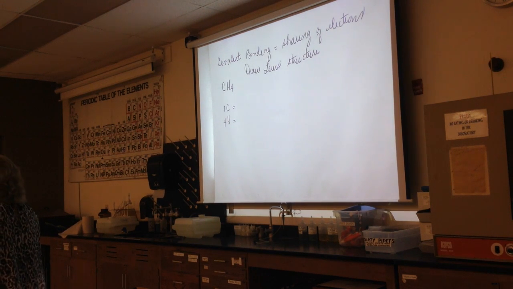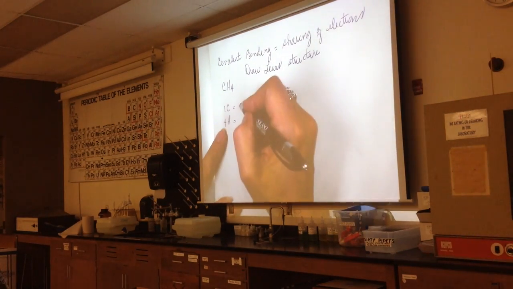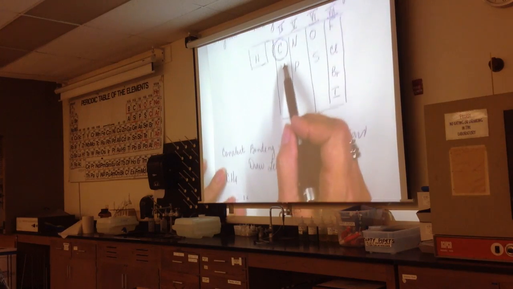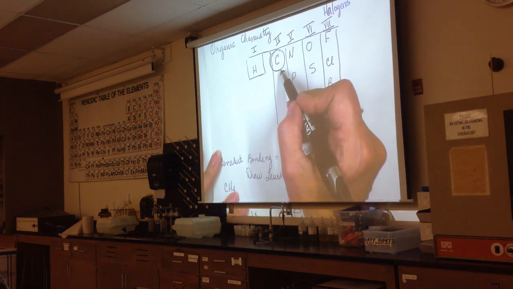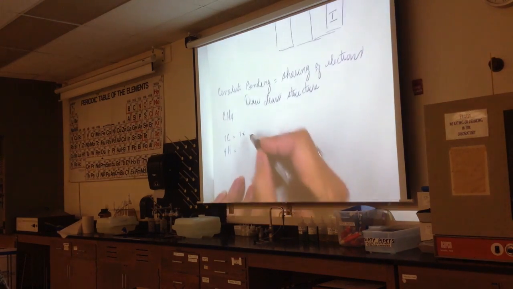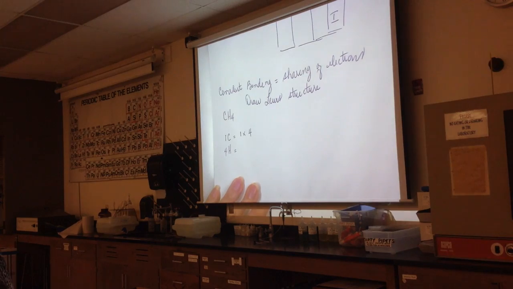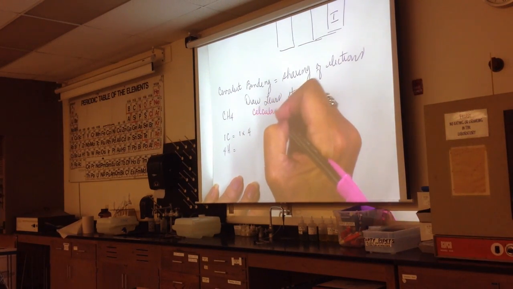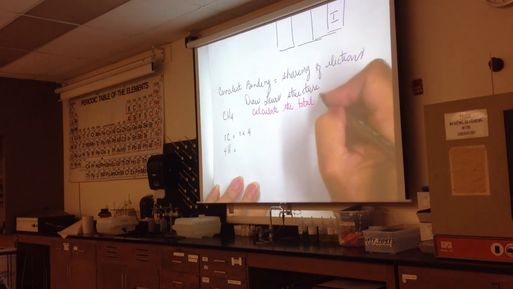But this time, to draw the Lewis structure, we're going to go by the group number. So I am carbon and I'm in group 4. That means that carbon has 4 valence electrons. You're calculating the total number of electrons.